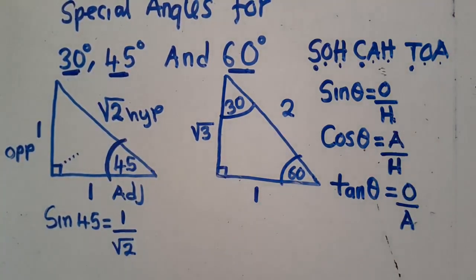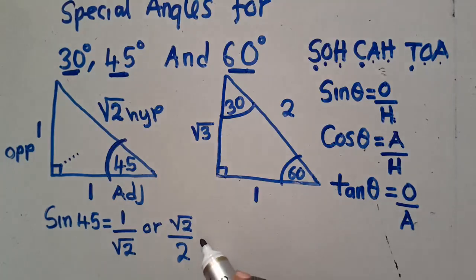So sine 45 is equal to 1 over root 2. This can also be written as root 2 over 2, so these two are just the same. Some people will tell you that sine 45 is 1 over root 2, which is the same as root 2 over 2. Make sure that you understand that part.